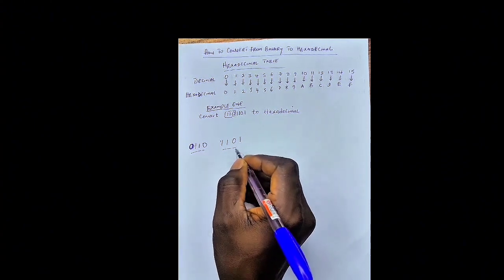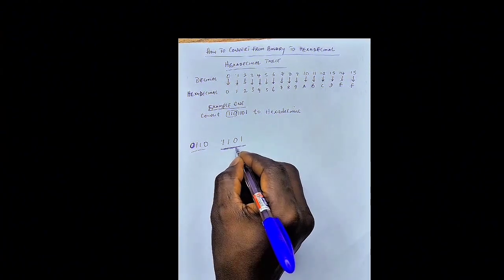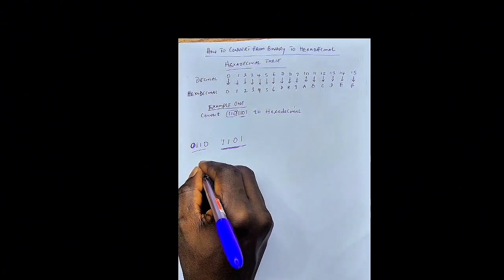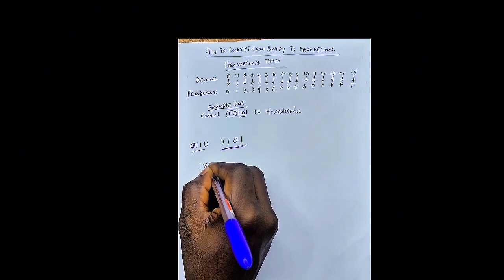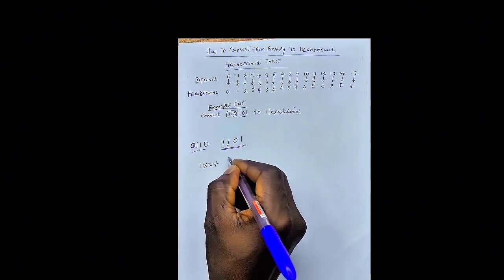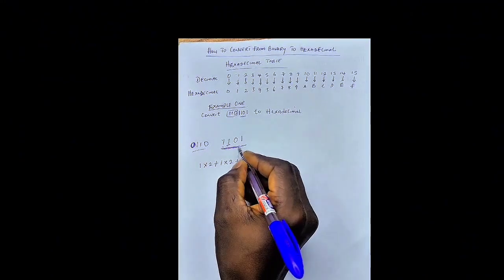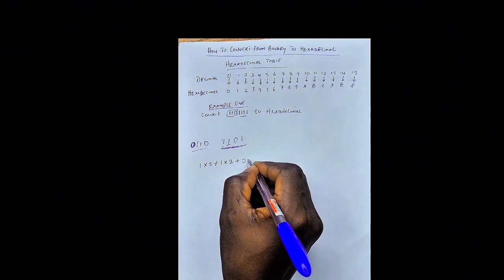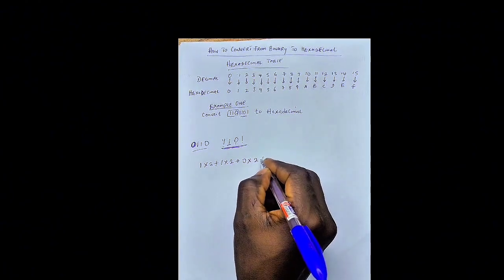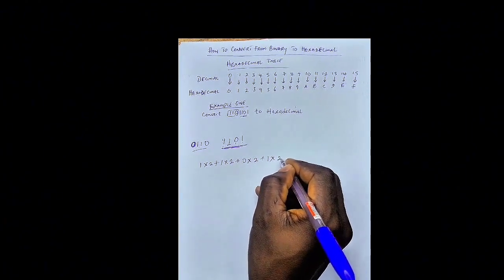So for the first group, it will be 1 multiplied by 2, plus 1 multiplied by 2, plus 0 multiplied by 2, plus 1 multiplied by the last 2.